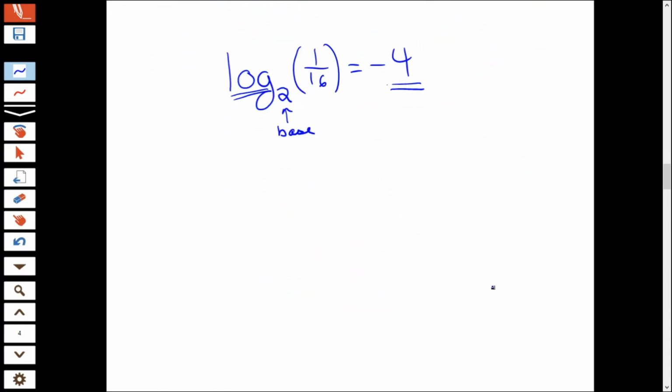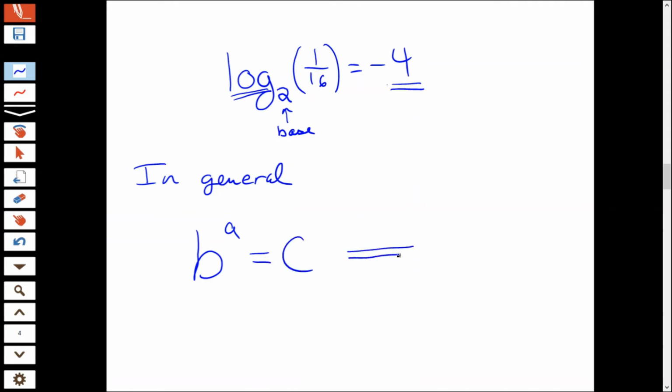So in general, all exponential statements, things like base b raised to a power, let's call that a, equals c, can be written in an equivalent logarithmic format where we write log, our subscript is our base, b, of c equals the exponent a, right?